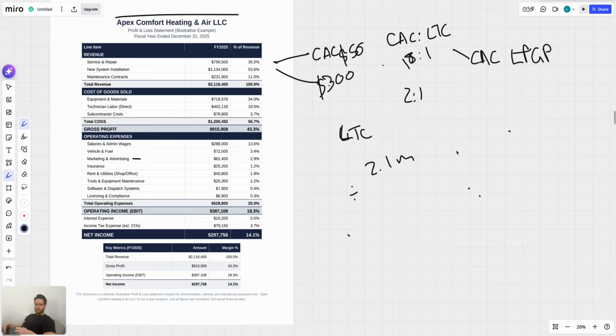So let's just say the LTV, I'm not going to work it out. Let's say the LTV is, well, let's go $500. But we know potentially if we were to add up all the services that we do offer, the maximum lifetime value is say $3,000.